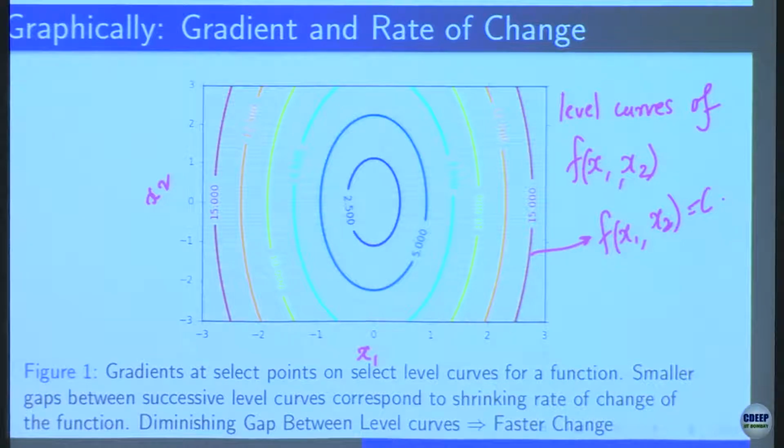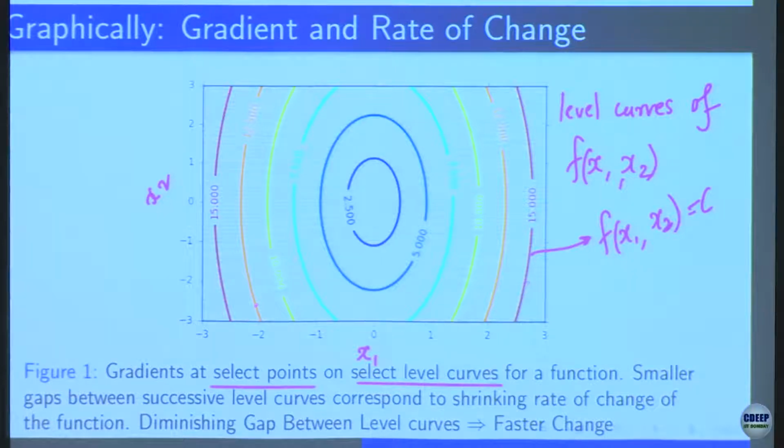And gradients, what are those? The gradients will be perpendicular to the level curves at the respective points. So, here we have shown level curves only for some select values, and that too at select points, not at all points.